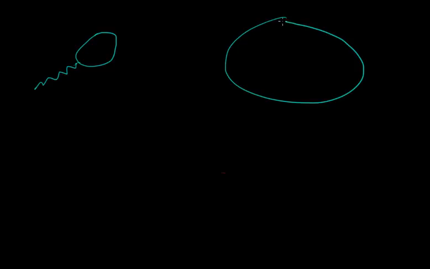Okay. So I'm going to draw my lovely prokaryote. I'm going to give it a flagella, because why not? And then my lovely eukaryote, which is big. And here we've got the nucleus. Here we've got the cell membrane, which we know is the phospholipid bilayer.